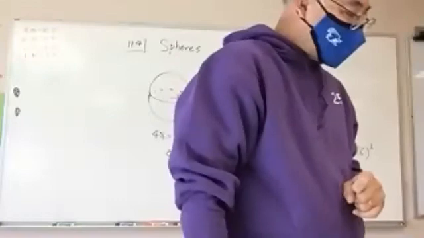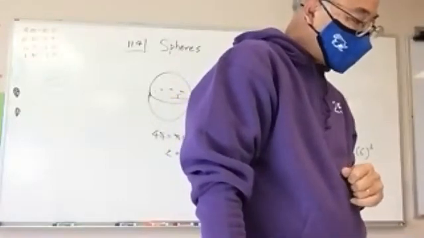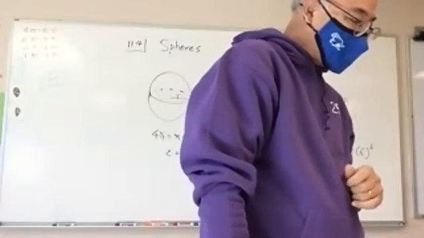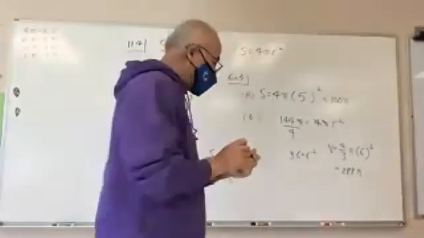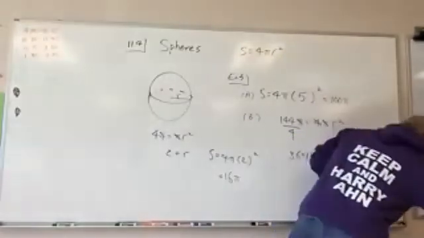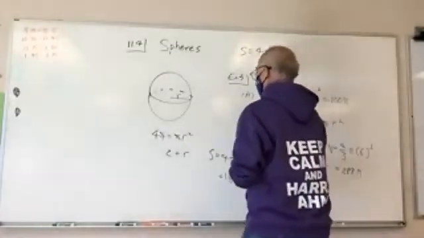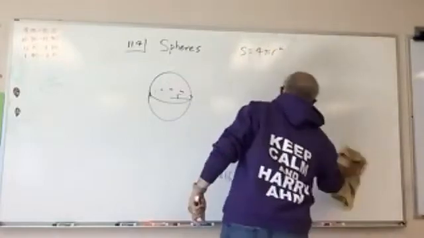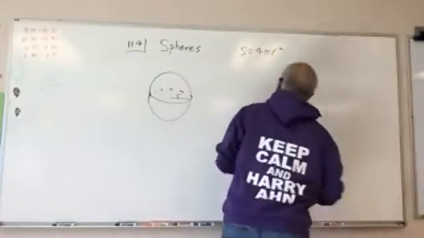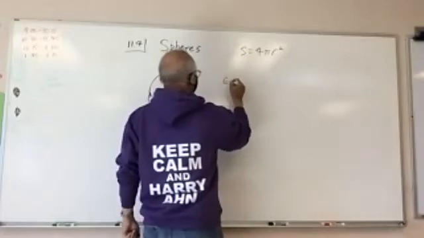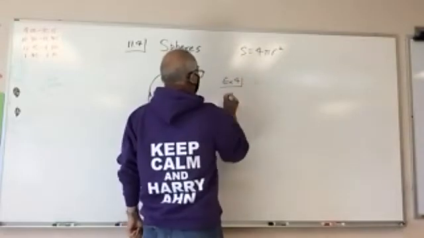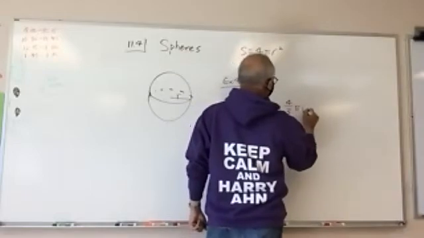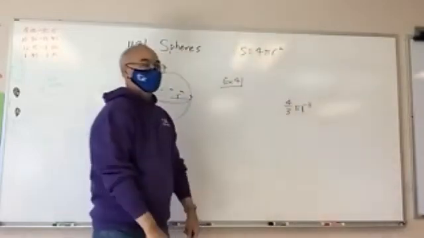Okay, number 4. Explore the effects of changing dimensions. The radius of a sphere is tripled. Describe the effect on the volume. Okay, so our original volume was this.